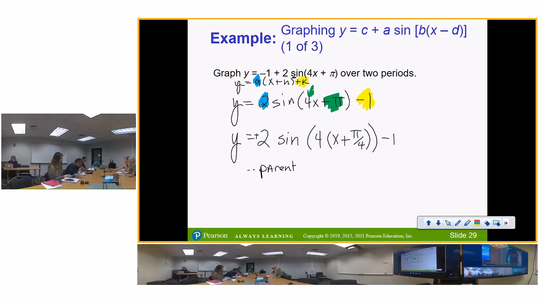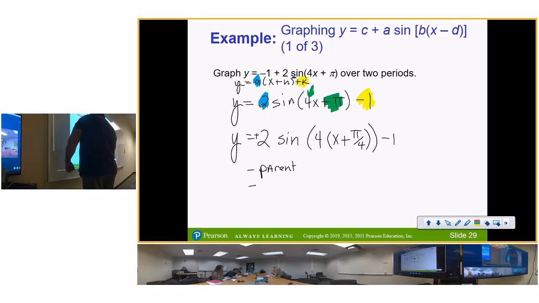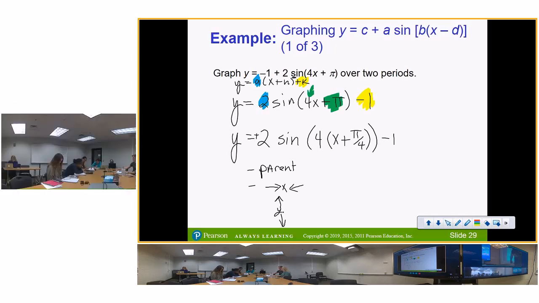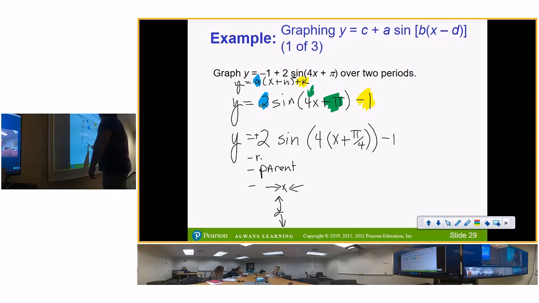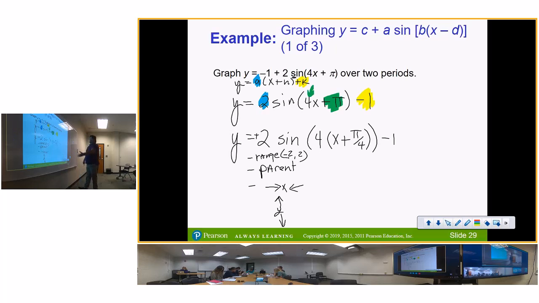And what does the 2 mean? It means it's going to be compressed along the what? The x-axis, and stretched along the what? Y-axis. It also tells me that the range is going to be -2 to what? 2. -2 to 2. Now that's at the original, okay? But we've got a vertical shift here, so that's going to change it.